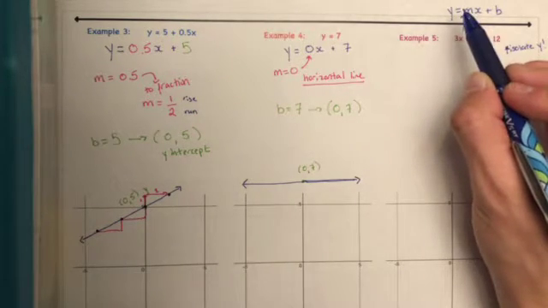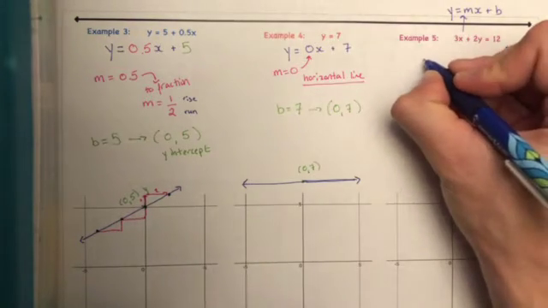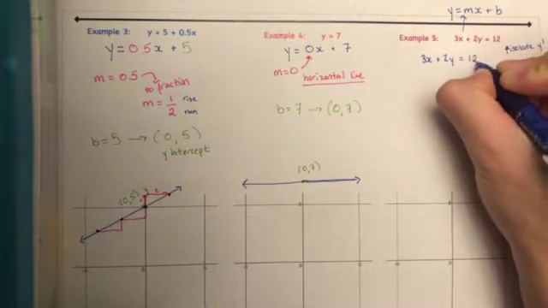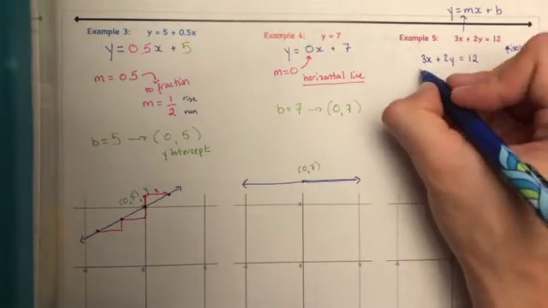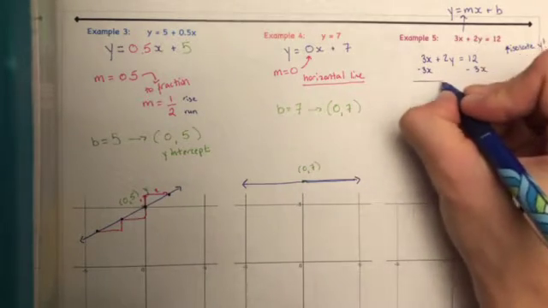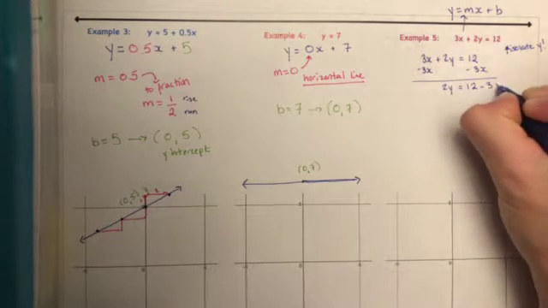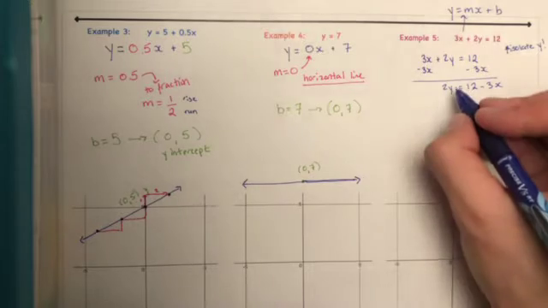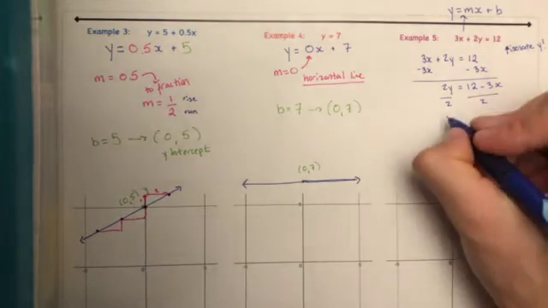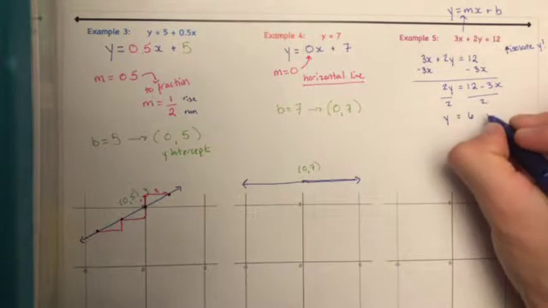All right, to do that, I'm going to start by rewriting my equation, 3x plus 2y equals 12, and then subtracting 3x from each side. Now I've got 2y is 12 minus 3x. And then I have to divide by 2 to make sure my y is isolated. 12 divided by 2 is 6.